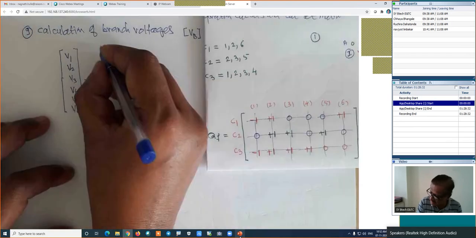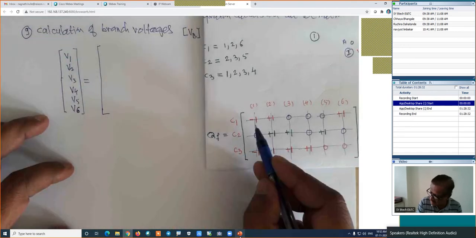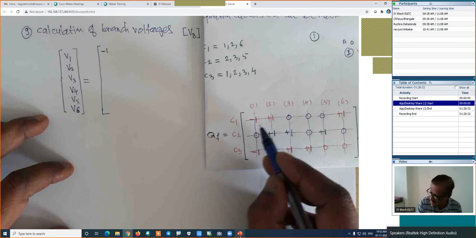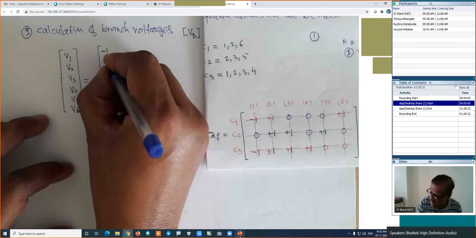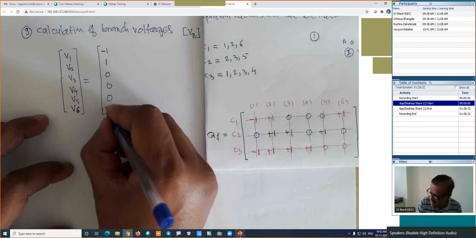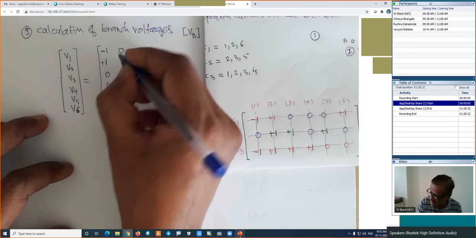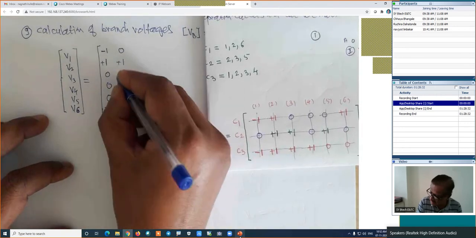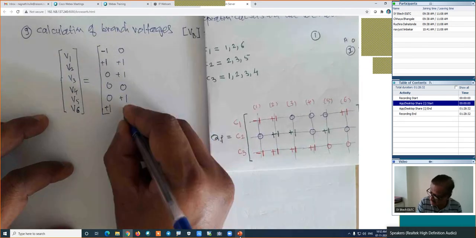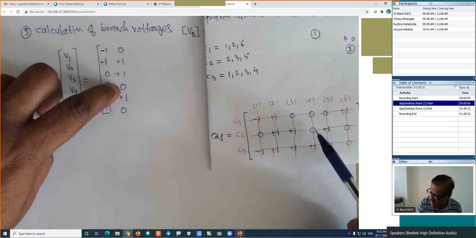Now I will write its transpose. The first row will become the first column: -1, +1, 0, 0, 0, +1. Then the second row becomes a column: 0, +1, +1, 0, +1, 0.